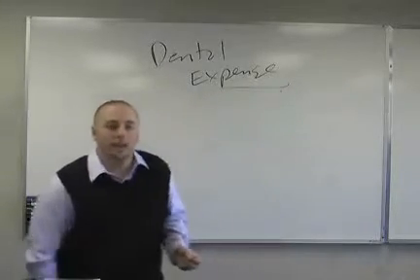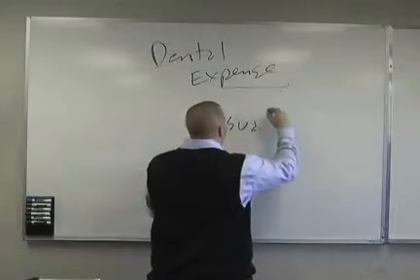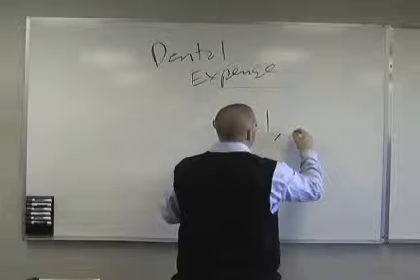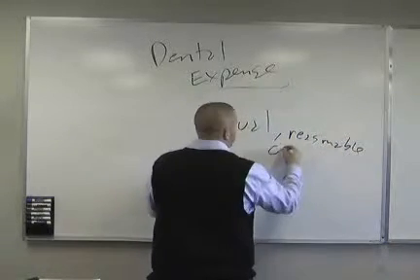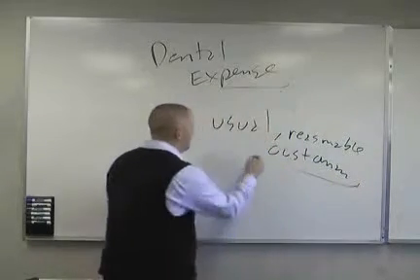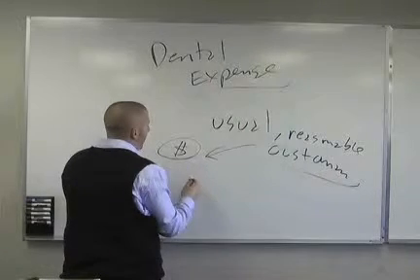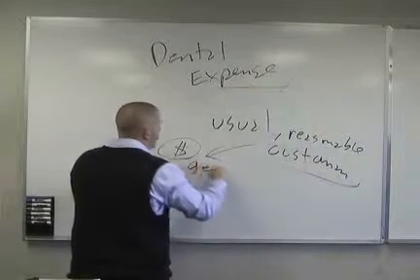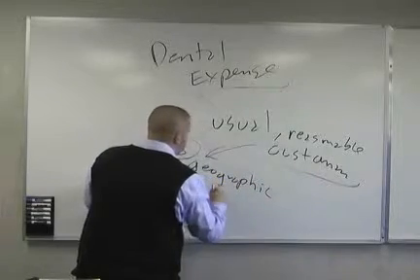Now, a lot of times these dental expense plans, which we've seen this term before, provide coverage on a usual, reasonable, and customary basis. And this has to do with the variations in cost of services in a geographic area, which would be the key term.